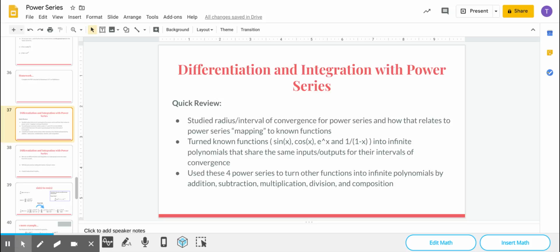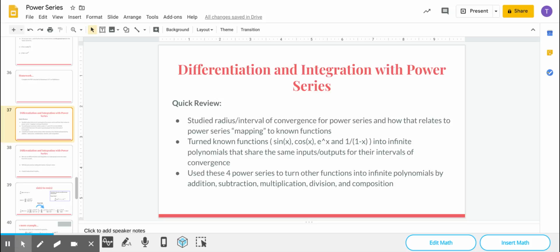And we did that by adding, subtracting, multiplying, dividing, and then finally we did some composition. And so we saw with that, technically we come up with an infinite number of power series for an infinite number of functions, just knowing these four.